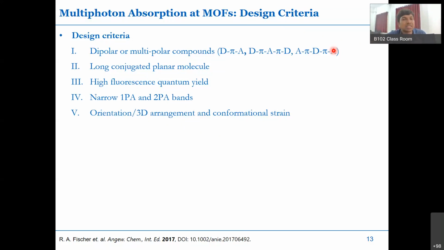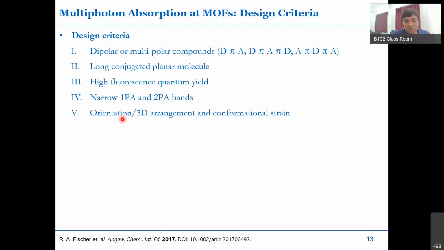Thus, we could establish better materials which have better multiphoton absorption activity. Similarly, we want good fluorescence quantum yield as well as a better separation of the 1 photon and 2 photon bands. The reason is that from an experimental point of view, it is easier to collect the signal, as well as easier to separate the 1 photon absorption and 2 photon absorption.